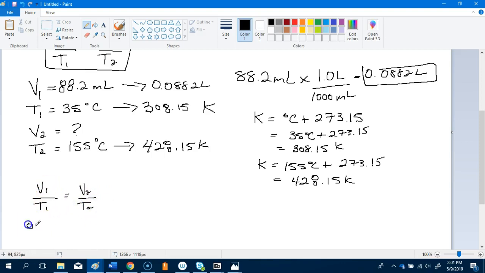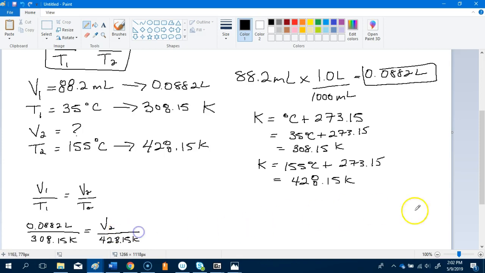So that's going to be 0.0882 liters over our initial temperature of 308.15 kelvins, equal to our final volume over our final temperature, which is 428.15 kelvins.